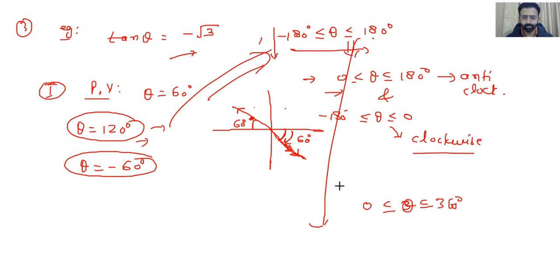Fine. Now the last question for this trigonometric equation: let us consider the fourth example. Let us say tan square theta is 1. Please make this habit: if there is a degree 2 equation, there are chances of getting 2 solutions, and in this case you are getting 2 solutions.